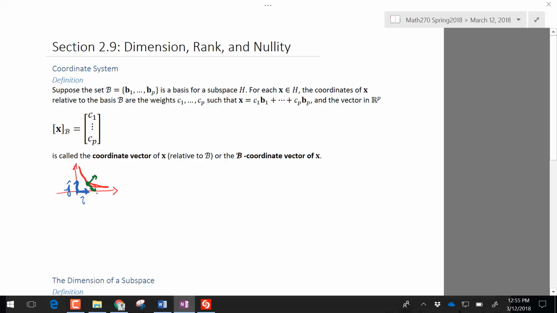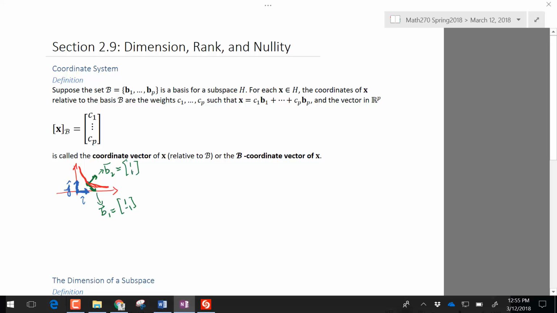Let's call B1 equal to the vector 1, -1, and then your B2 vector is 1, 1.